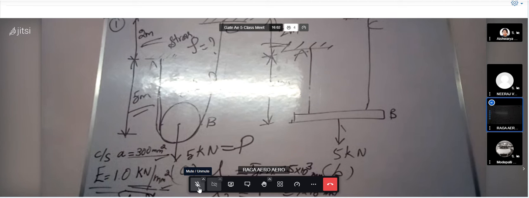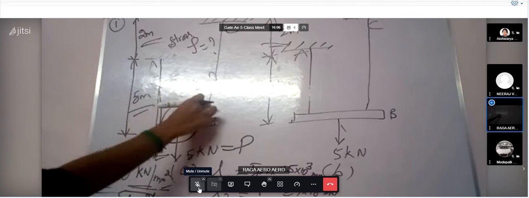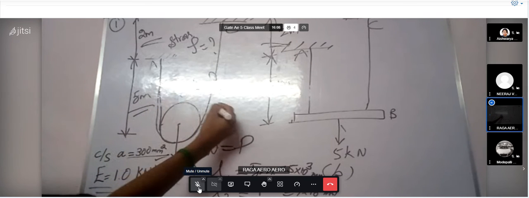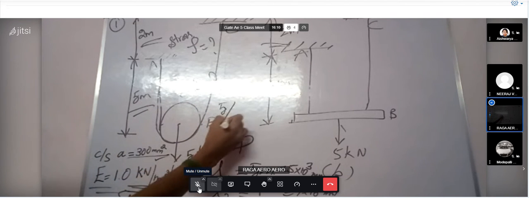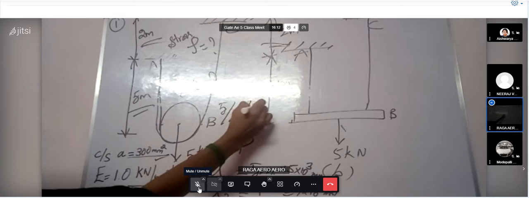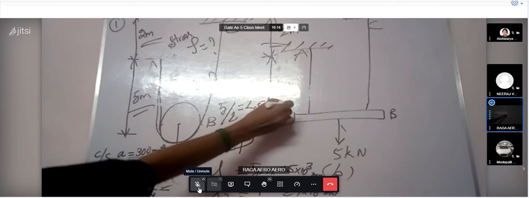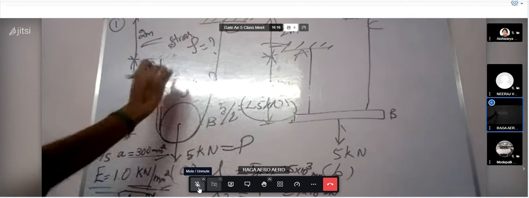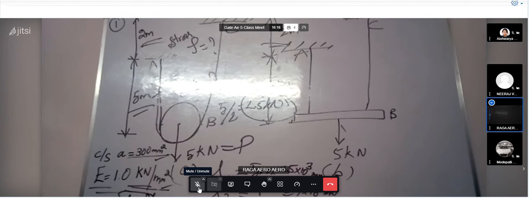So 5 kilonewton divided by 2 is equal to 2.5 kilonewton for each rope.